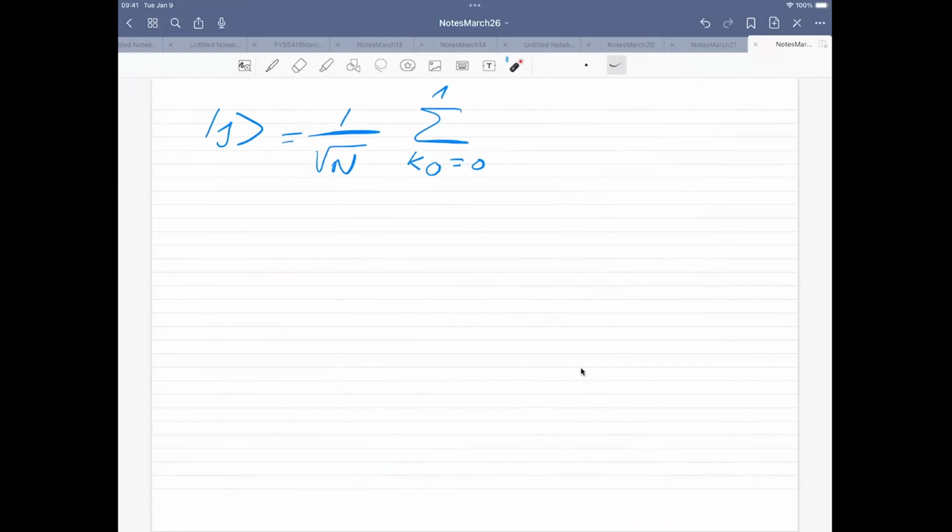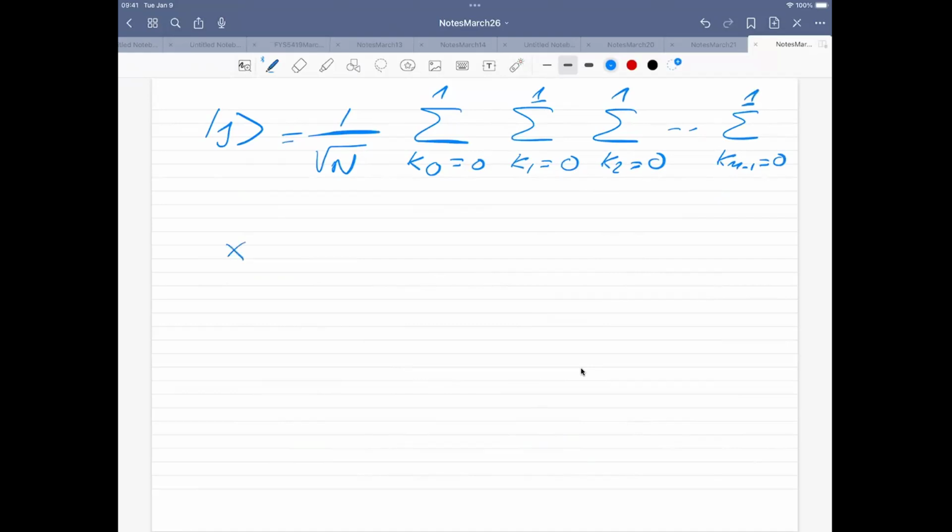So what I would get is a set of such operations. I would have a K1 equals 0 up to 1, a K2, 0 up to 1, all the way up to a Kn minus 1, up to 1.